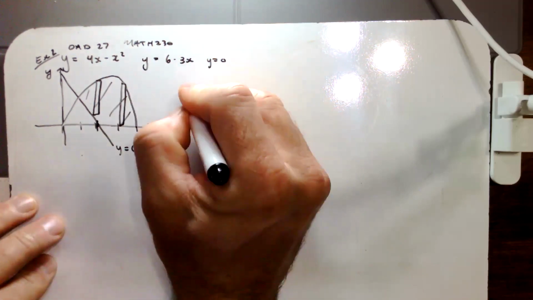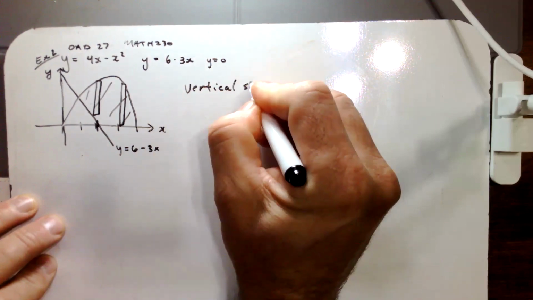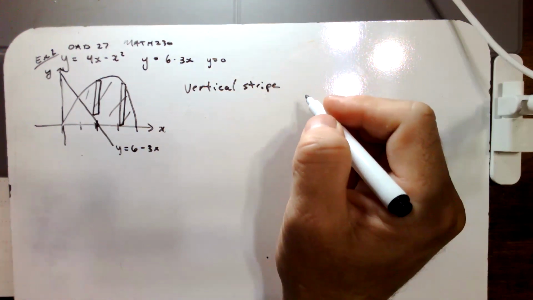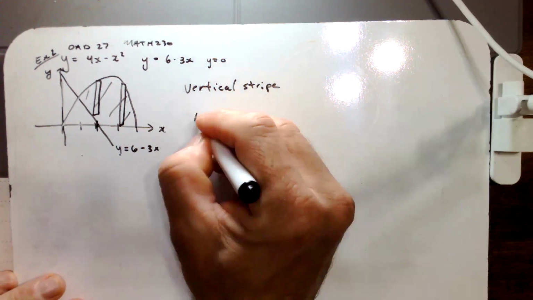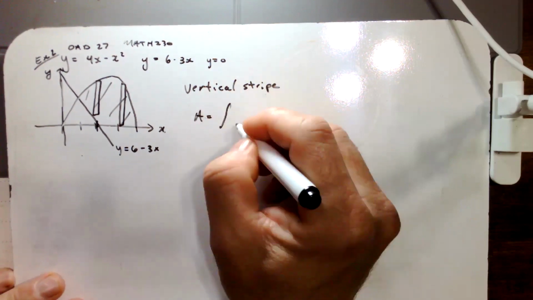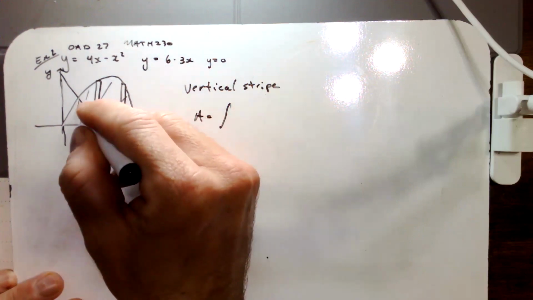Okay, so the vertical we'll do first since we kind of already started there. For the vertical stripe, the area, according to Fubini's theorem, is going to be between, well, what do they mean?